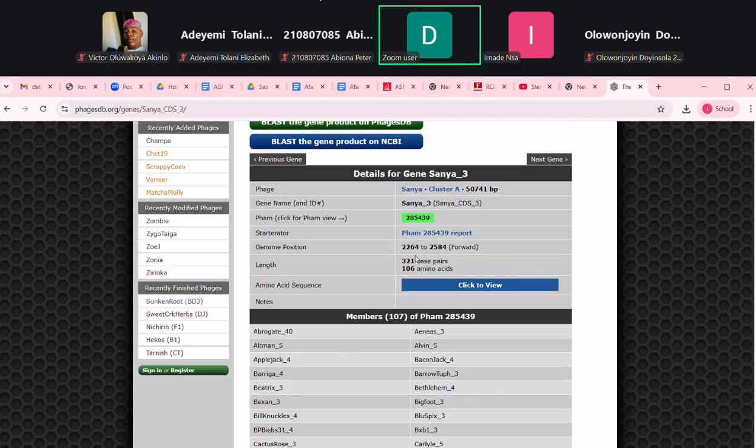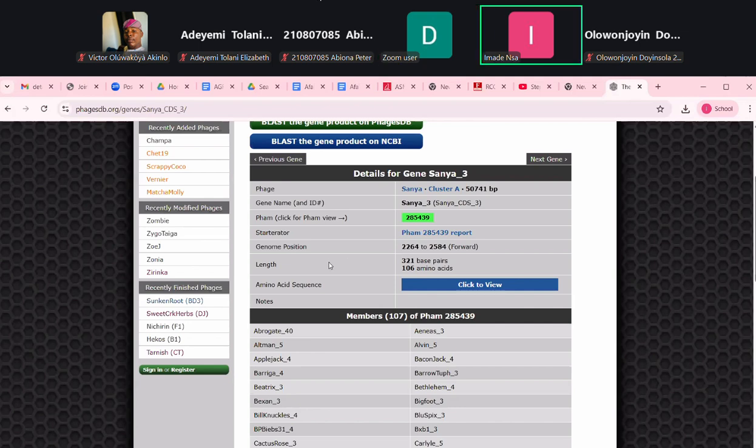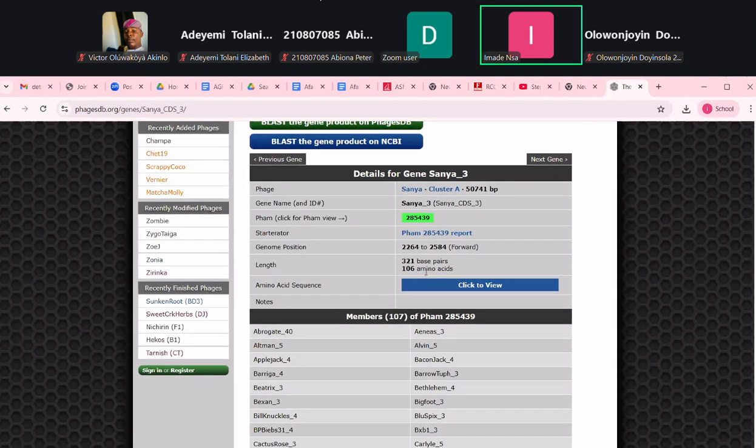The relationship between the length of nucleotides and amino acids is a third. But remember, the last codon is a stop codon, so you don't add it. If you divide 321 by 3, you will get 107, but because you do not count the stop codon, it's not there.